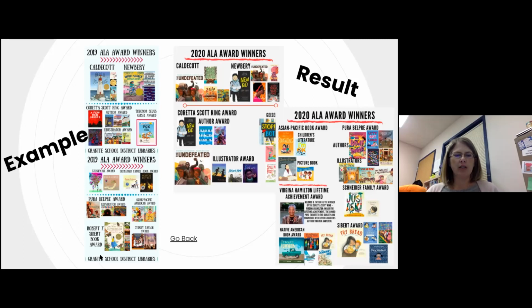On the left, Granite School District Libraries had made this for 2019. Obviously I needed 2020, but I thought, this is great. The way this is set up, I could do this, I have the picture, so I don't have to visually think about how to line my page up. Even though this wasn't a cut and paste type template, I was able to print the one on the left, look at it, and use it to create my template.